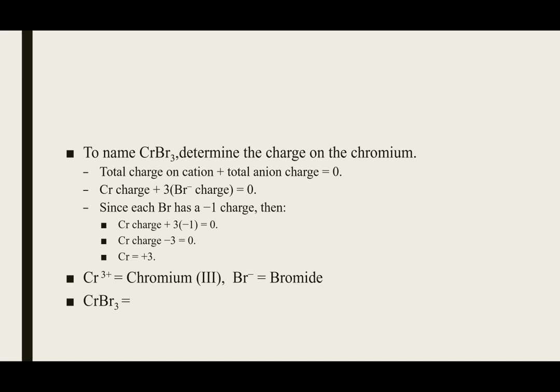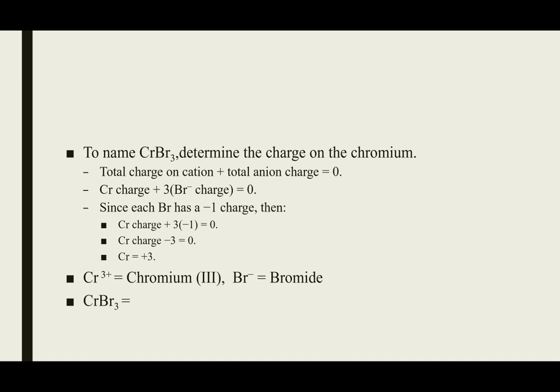So I can do this mathematical formula where the charge of the chromium is my unknown, plus 3 times the bromine charge because I have 3 bromines, and that has to equal 0. So each bromine has a -1 charge, so my total negative charge is 3. So my total positive charge would have to be 3.